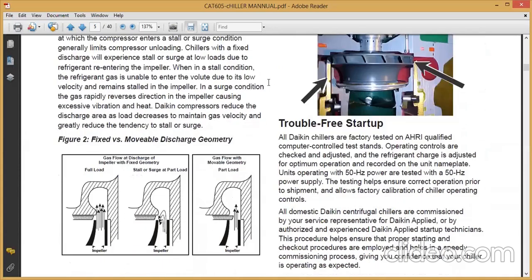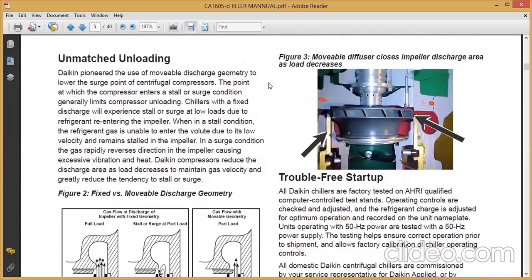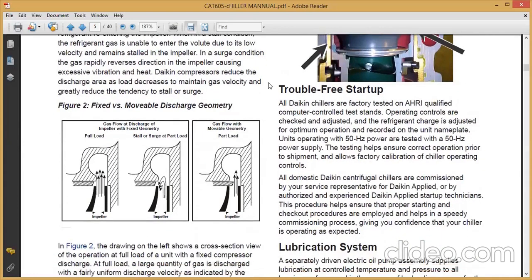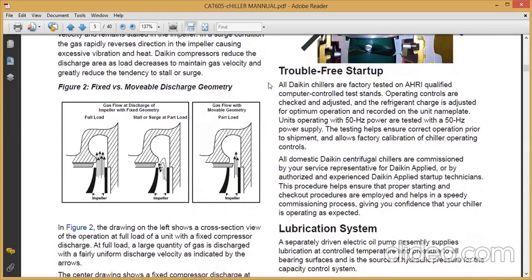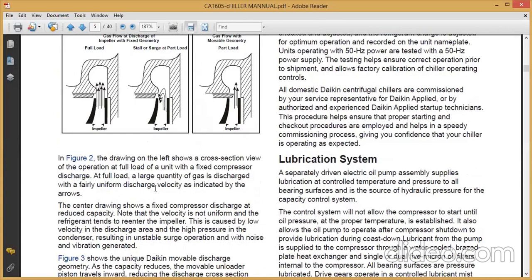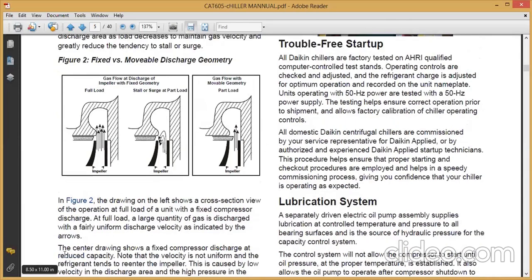As far as centrifugal compressors are concerned, stall and surge at part load is the problem. But nowadays, with movable geometry, this problem is removed. Surge means the refrigerant comes back to the impeller, and so it may damage the impeller. That problem is removed with the variable geometry.